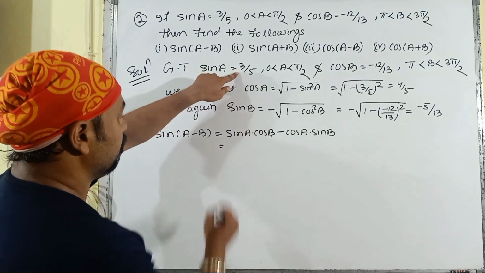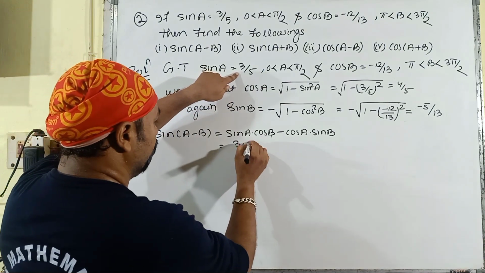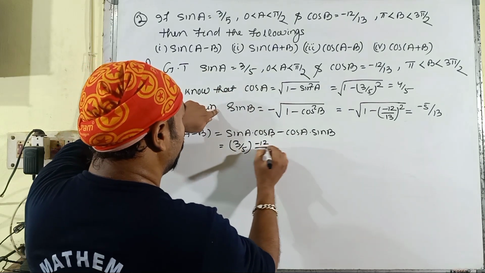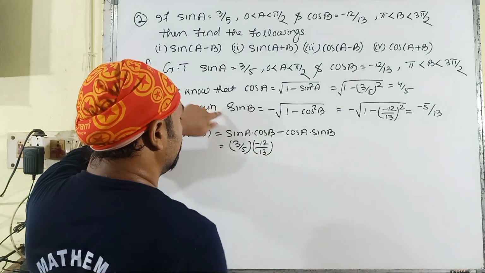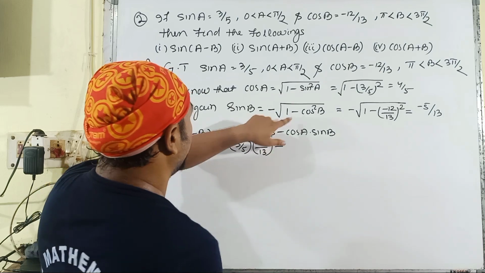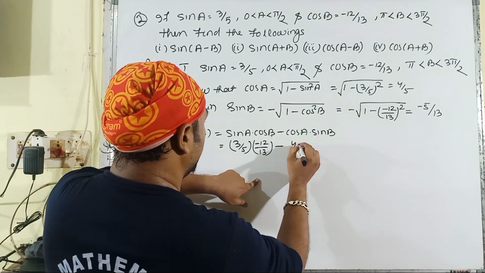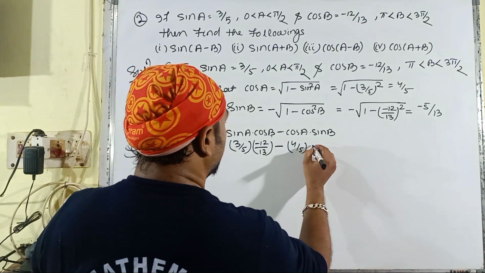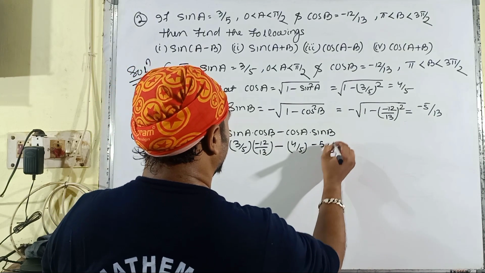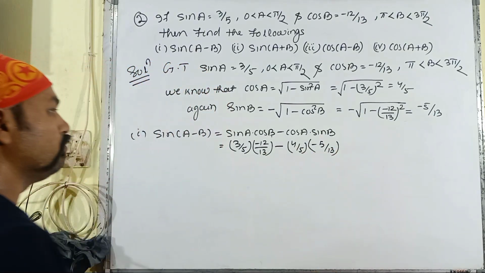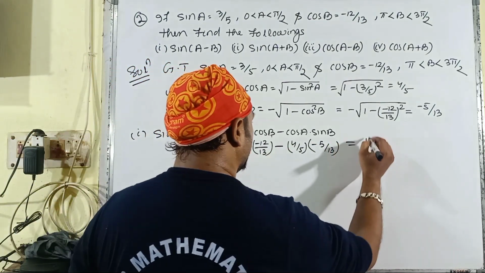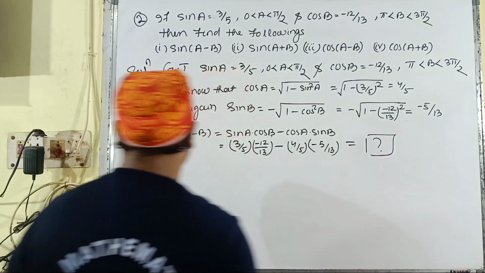The value of sin A is 3 by 5. The value of cos B is equal to minus 12 by 13. Sin A into cos B minus the value of cos A, it is 4 by 5, and then the value of sin B, it is minus 5 by 13. So by using these simplifications, you can find out the answer here.